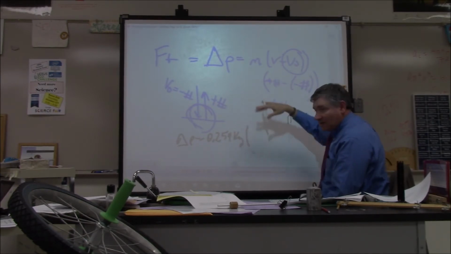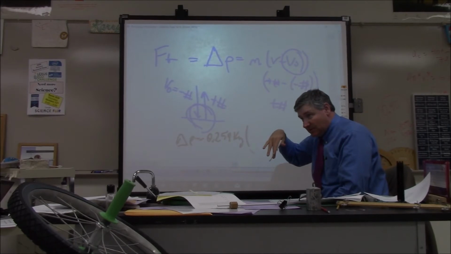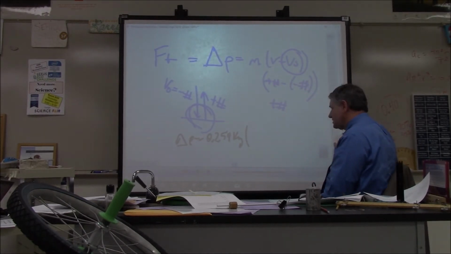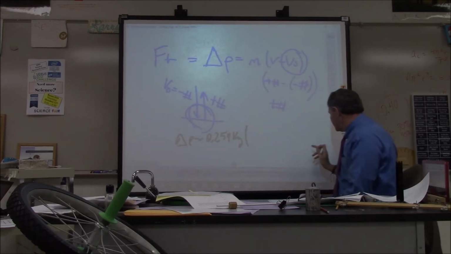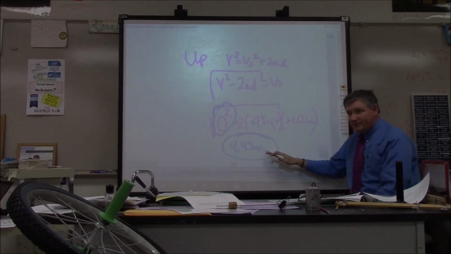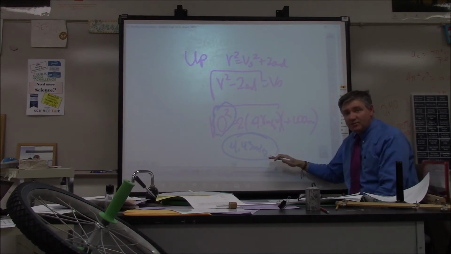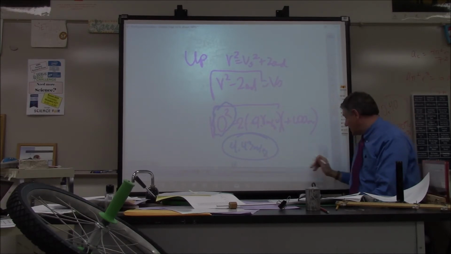The velocity that it had when it landed, negative 6.02. And the other velocity was what, 4.43. Oh, you added. So here's the question. Is the 4.43 V or V naught? V. That's going to be V.